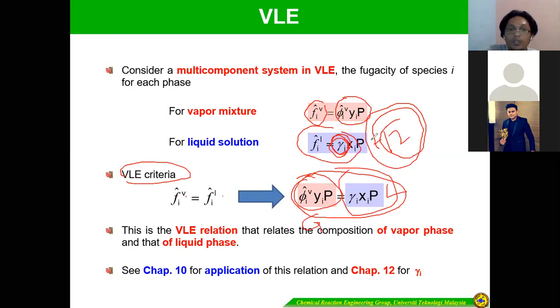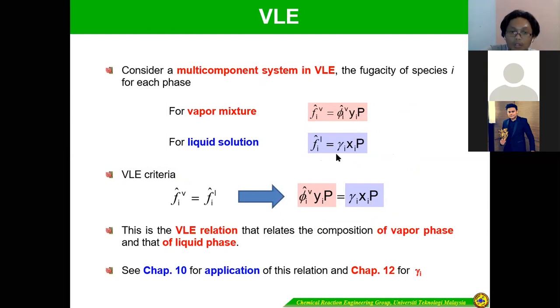Okay, so if you want to calculate the gamma, we need this information actually. But if your gas mixture is ideal, this is equal to 1. Generally we make the assumption that this one is equal to 1. If not ideal, you have to calculate the gamma and the phi, the fugacity coefficient, before you determine the gamma_i. This fraction is determined from experiment. It's from the data, it's given.